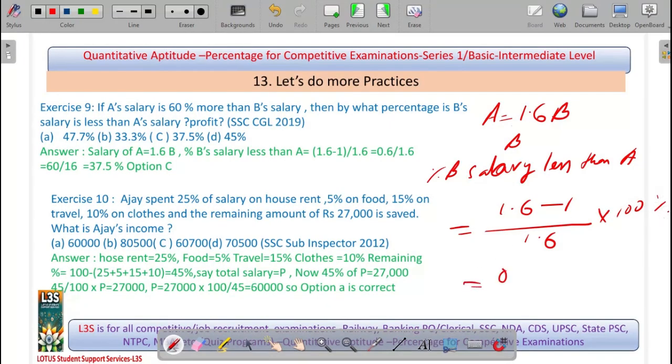So 0.6 by 1.6 into 100%, that means this will be 37.5%, and this will go to option C.